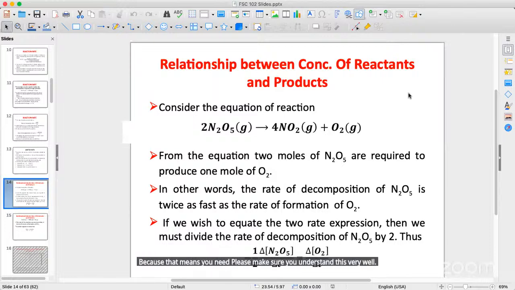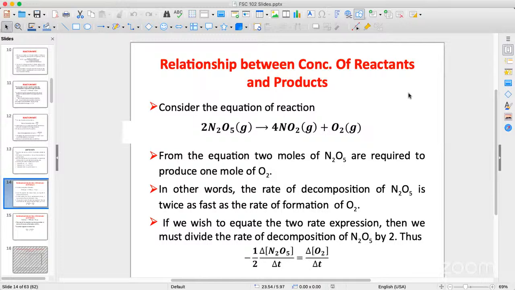To produce 1 mole of oxygen, you need to decompose 2 moles of nitrogen pentoxide. That means the rate at which you decompose nitrogen pentoxide is twice as fast as the rate at which you're forming O2.